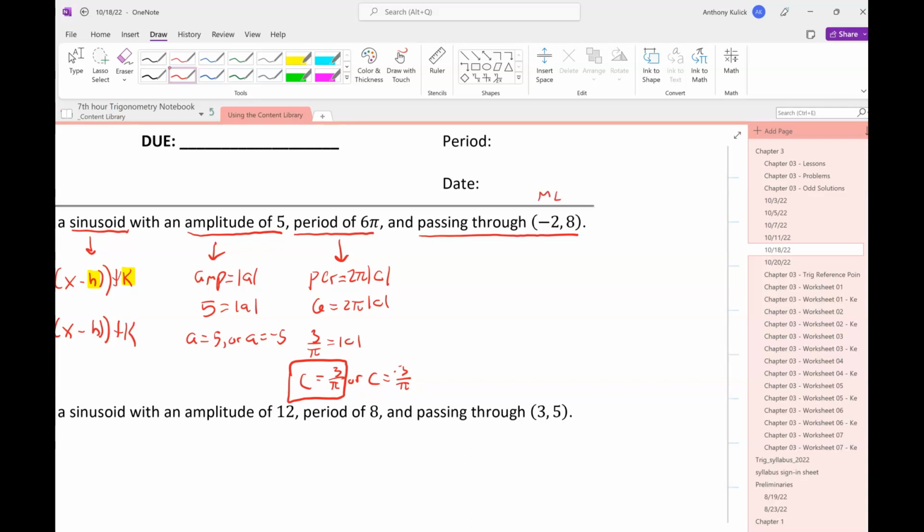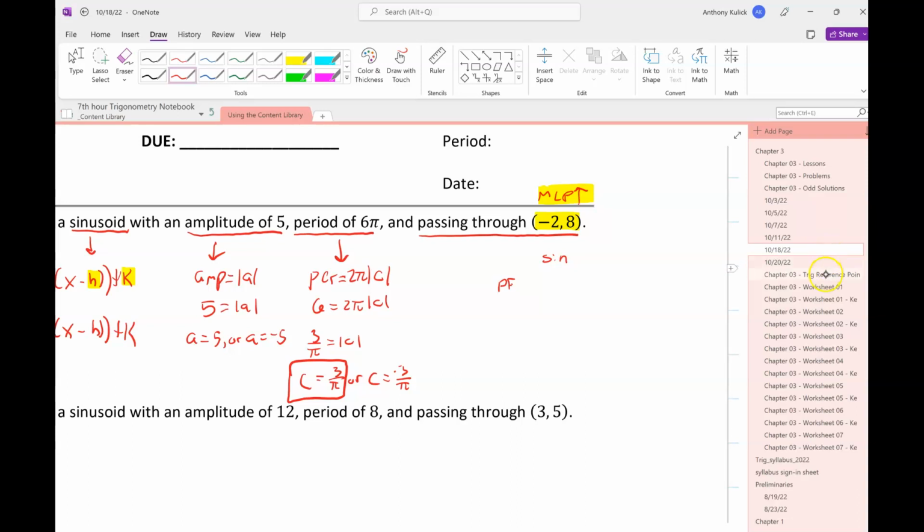Choosing that to be a midline point that's followed by a maximum. The reason I want to do that is because then I'll pick sine as the kind of function I want to use.